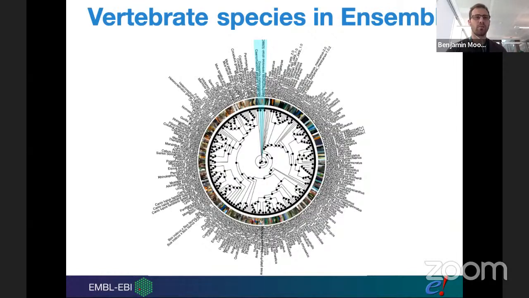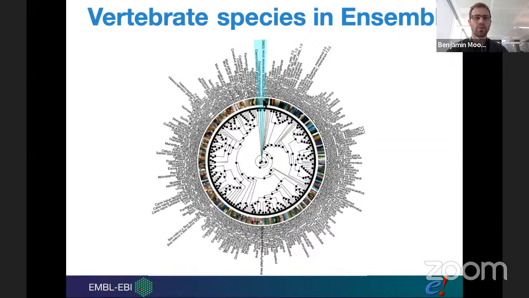Then we have a large number of other primates, and also placental mammals, including conservationally and agriculturally important species. We also have a large number of marsupials and monotremes, so we have the three different groups of mammals, as studying mammalian evolution is obviously very important. And then we also have a large number of birds, reptiles, fish, and amphibians as well.